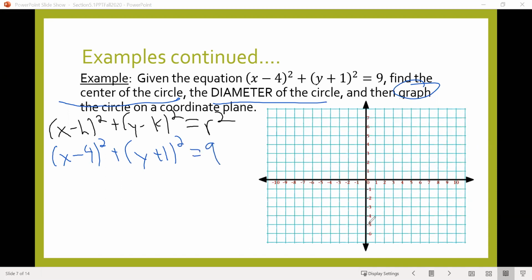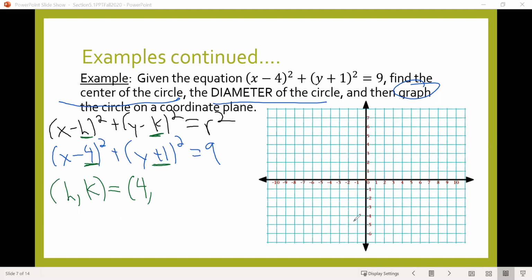We can start by finding the coordinates of our center, which we know are going to be given by the values h and k. If we compare the given equation to our general form, it looks like for this first part we can fairly straightforwardly identify that the value for h is 4. But what about k? Because notice here we have y minus k, but this is a y plus 1.